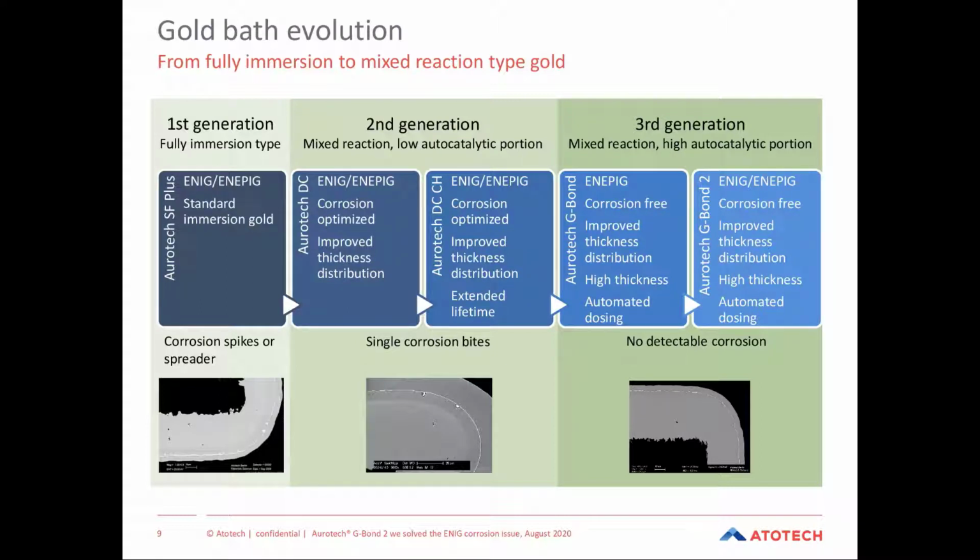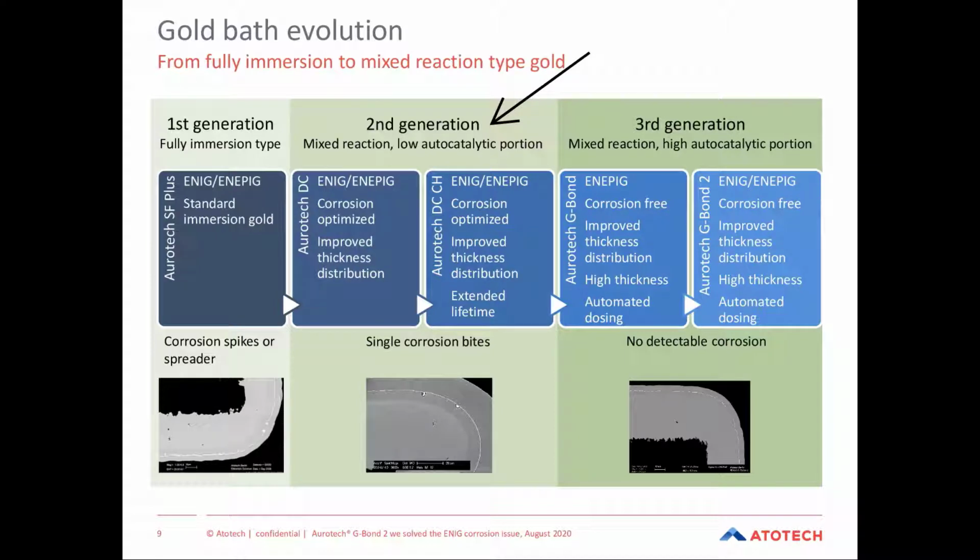And then work was already done to reduce corrosion, and we came up with a second generation base, which is a mixed reaction gold, where we have some additives inside which support the reaction and have a certain portion of autocatalytic reaction. We have two gold bases here, the Aurotech DC and Aurotech DC-CH.